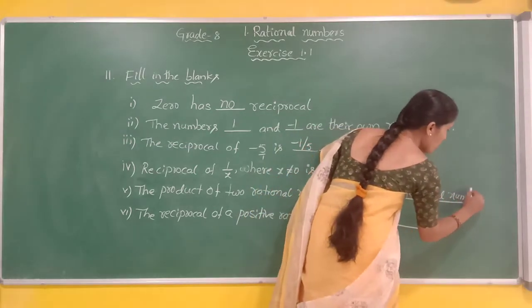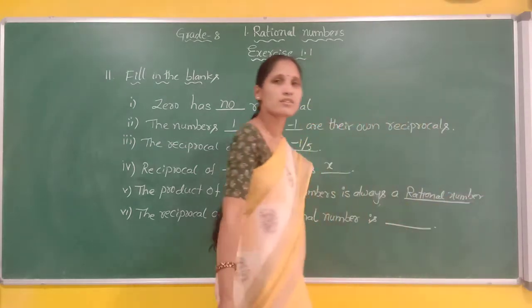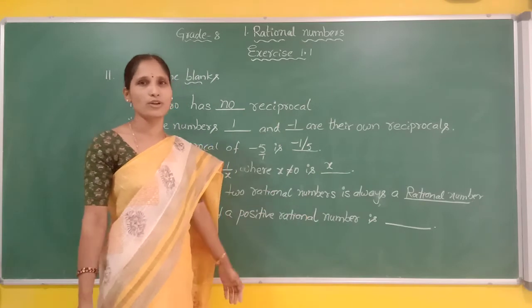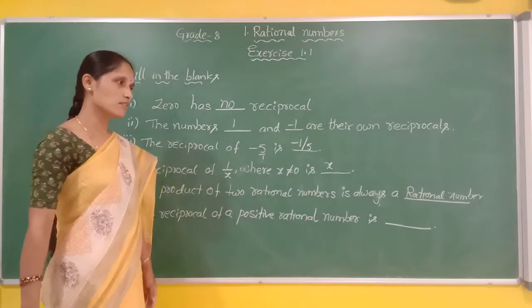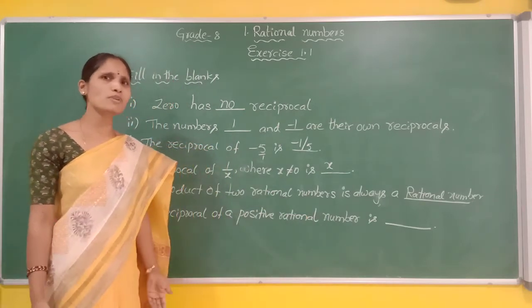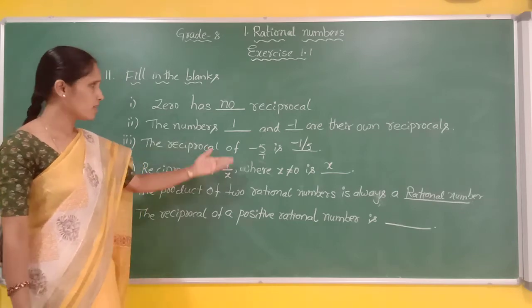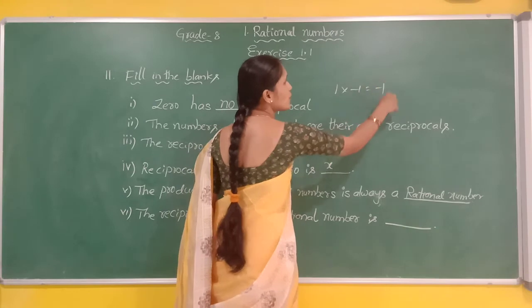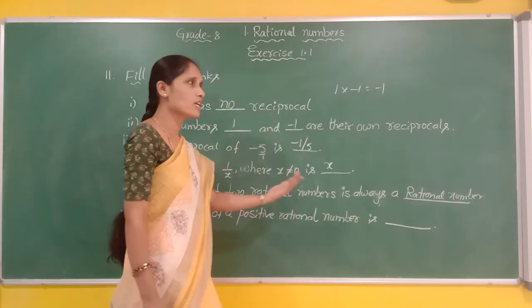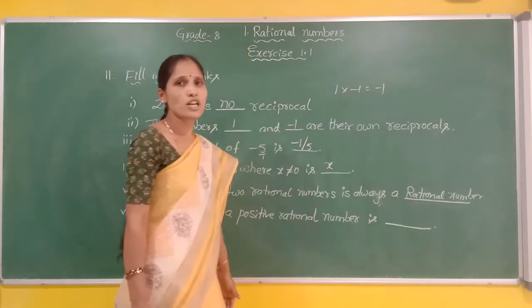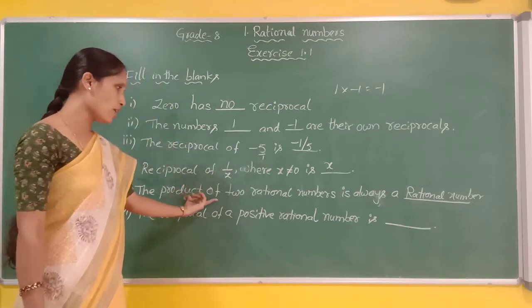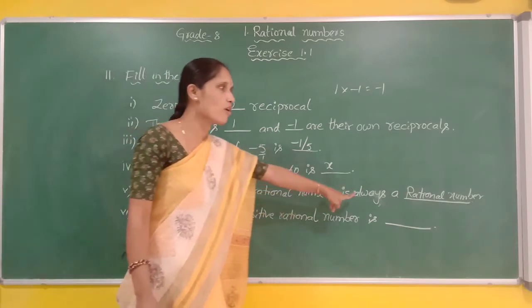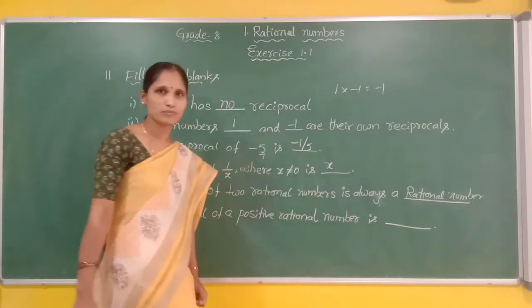The product of two rational numbers is always a rational number only. 2 into 3, 6. 2 and 3 are rational numbers, 6 is also a rational number. 1 and minus 1, two rational numbers, the product is equal to minus 1. Yes, minus 1 is also a rational number. So, the product of two rational numbers is always a rational number only.